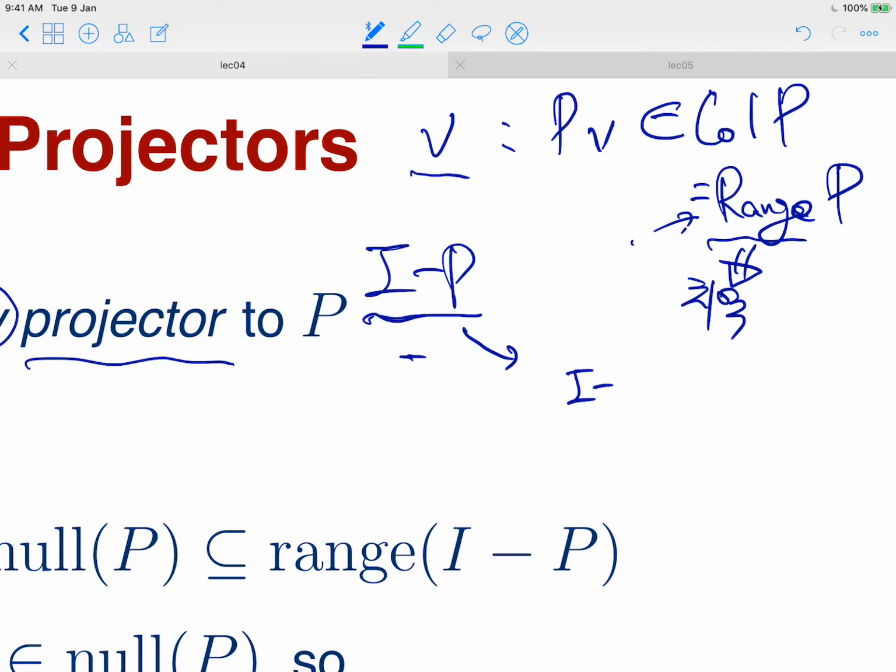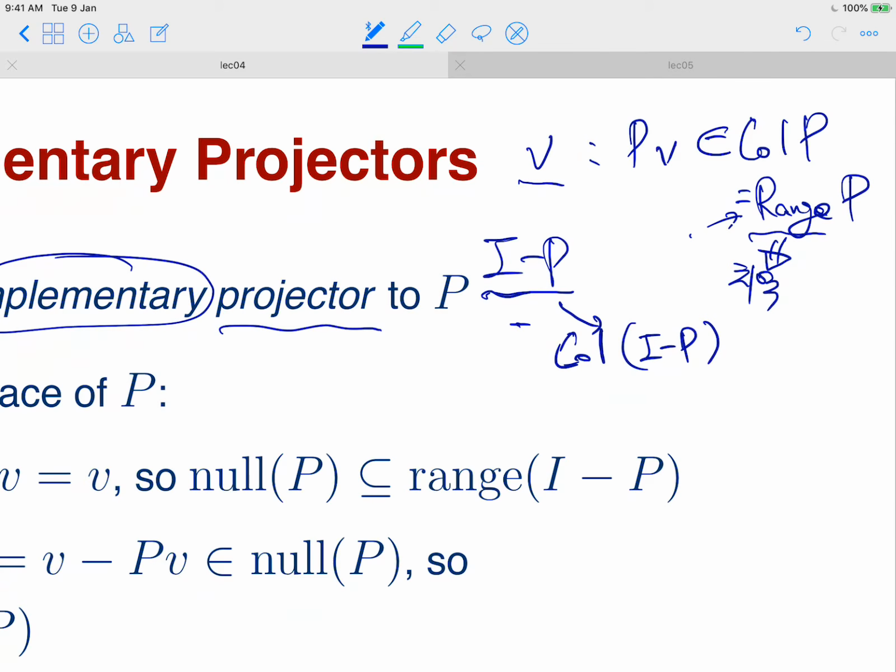Okay, the column space of this I minus P. The reason why it is called a complementary projector is because this column space, or the range, of I minus P is the same as the null space of P, and vice versa. The null space of I minus P is the same as the column space of P.